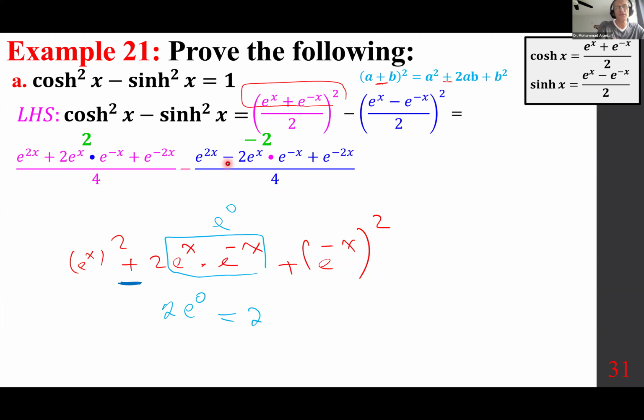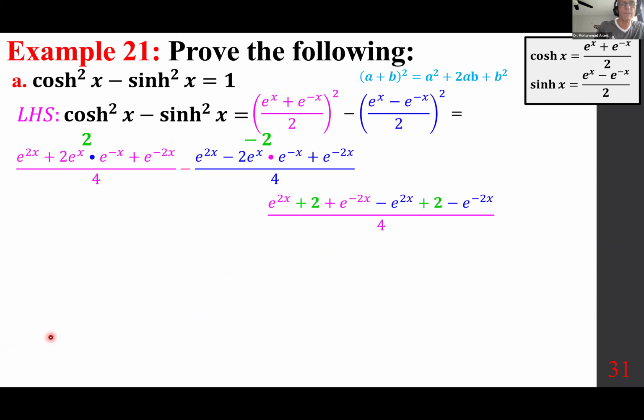Now we want to put everything on the same large fraction bar. So we're going to put this one as e to the power of 2x plus 2 plus e to the power of minus 2x. Now minus e to the power of 2x plus 2 minus e to the power of minus 2x. And I'm going to erase my work.